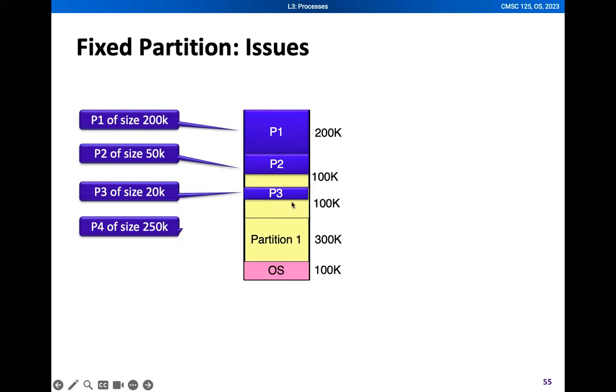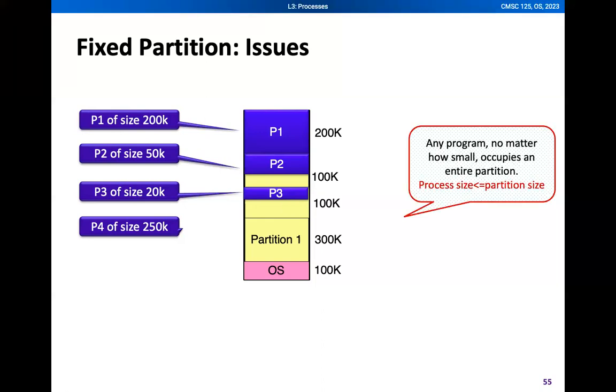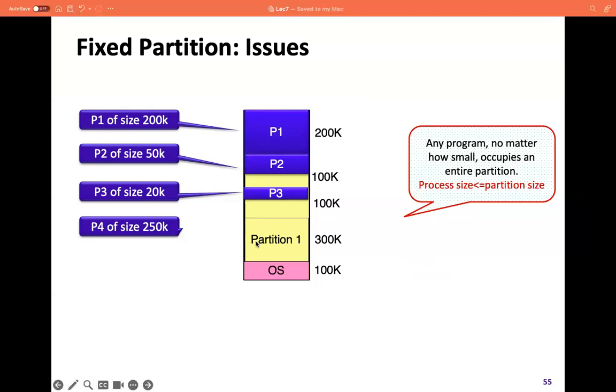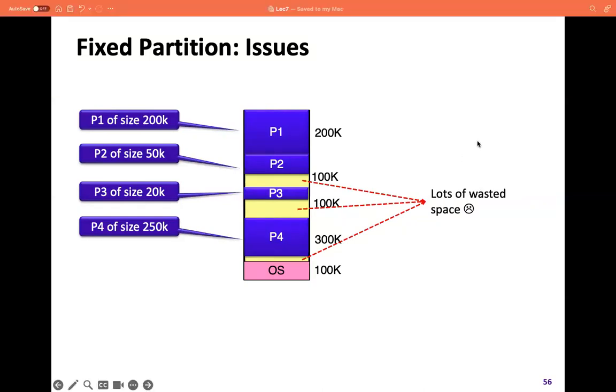See that there are also some spaces here that are not occupied. P4, which is 250K, may be loaded in the last partition, and it is also less than or equal to the partition size. So as you can see, there are a lot of wasted spaces.